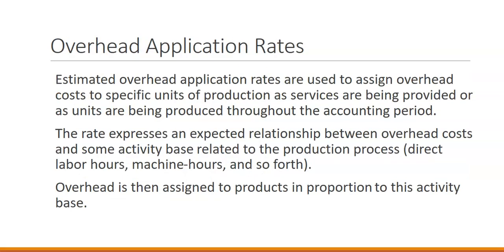So how do we determine overhead application rates? We estimate based on what our budget says our overhead costs are going to be for the year. So we'll make a budget. We will predict how many units we're going to sell or produce throughout the year based on historical information we have.